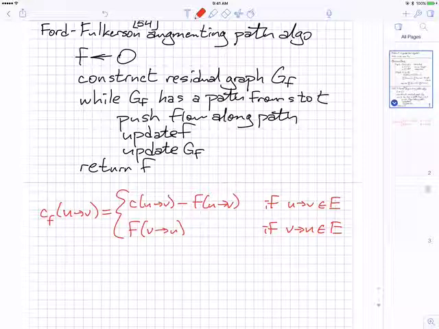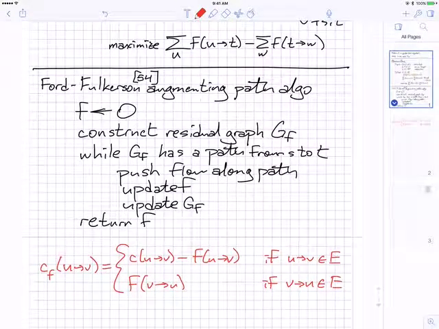And so the residual graph, you think of it as, take the original graph, insert the reversal of every edge, compute these residual capacities, and then delete anything whose residual capacity is 0. If I can't push any more flow through the edge, I may as well just take the edge away.